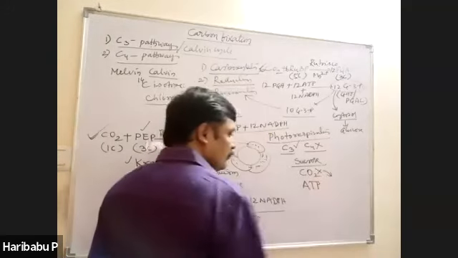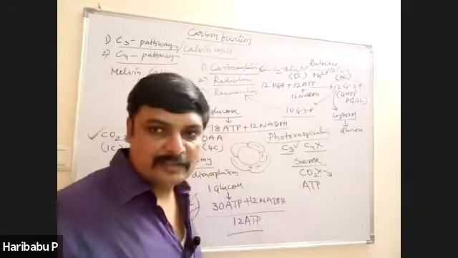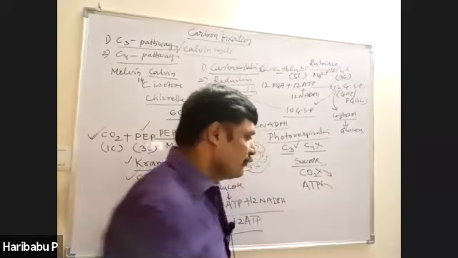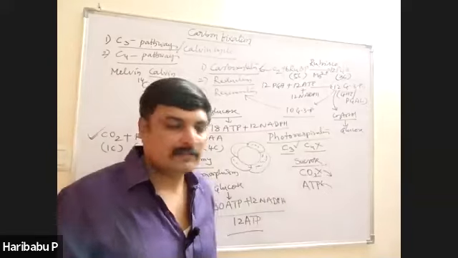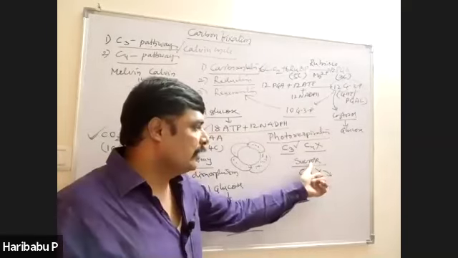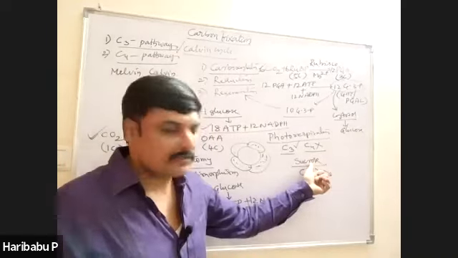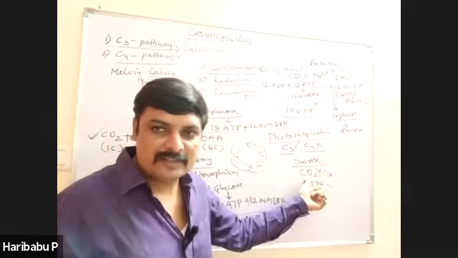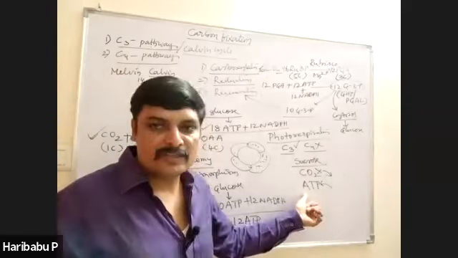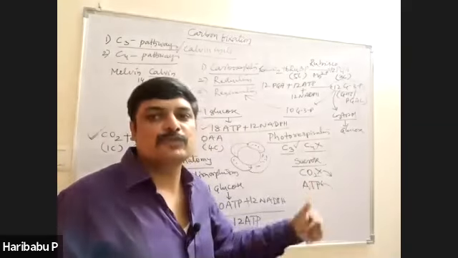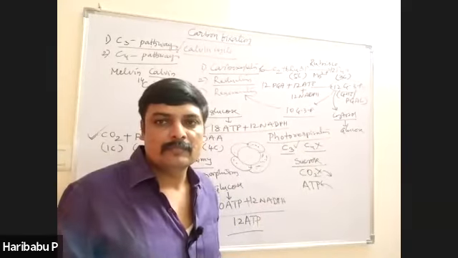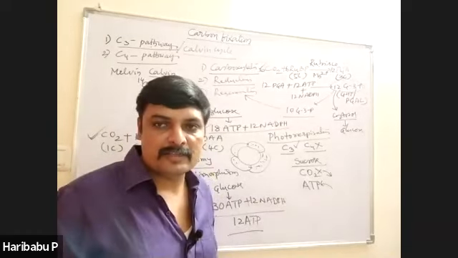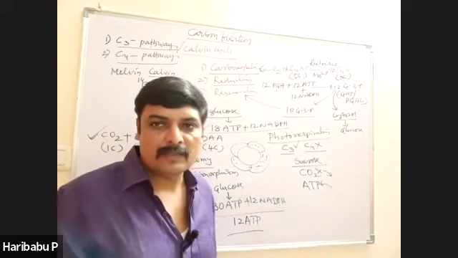ATP is not synthesized. Instead, it is consumed. See, all are uneconomical. Food material, that is sucrose, is not synthesized. Carbon dioxide is not utilized; instead, it is released. ATP is not synthesized; instead, it is absorbed. And that is why it is a wasteful process.